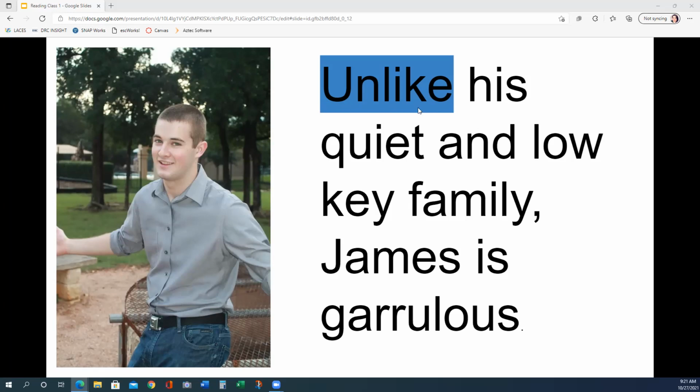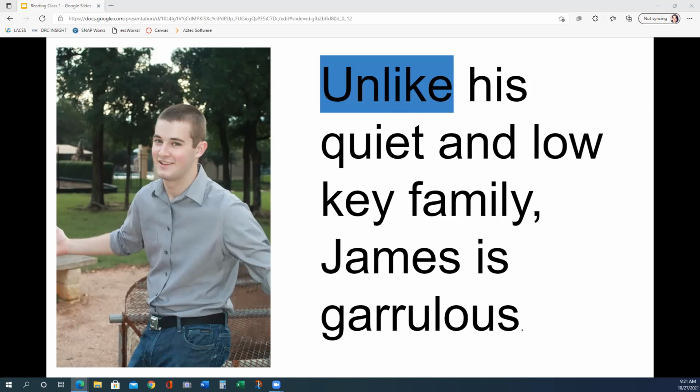If we look at that word, so what is James's family like? Okay, it says they are low key and quiet. So if James is unlike his family, what is he most likely like? Crazy.